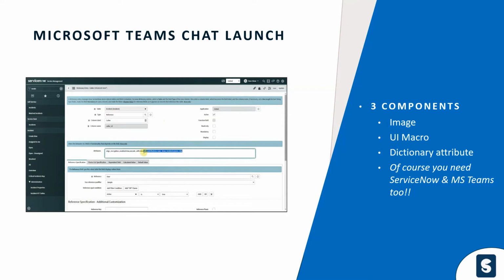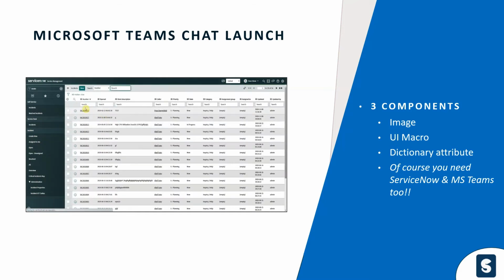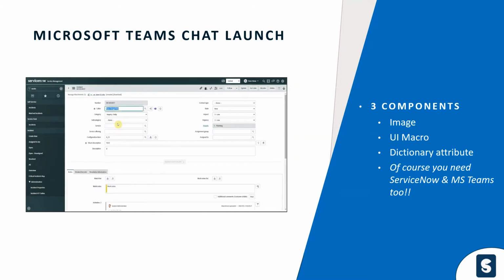Now, we're going to add to the dictionary attribute on the caller field in an incident, because that's a user field. In reality, you probably could do this anywhere actually, so you could do it on a project under a user field, you could do it on a change if you wanted to. I'm doing it on incident because it's easy to show, okay, but it doesn't stop you there. And of course, the last few things that we need: ServiceNow and we need Microsoft Teams also.